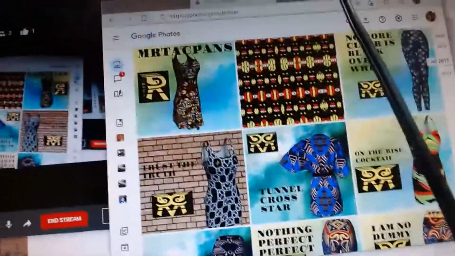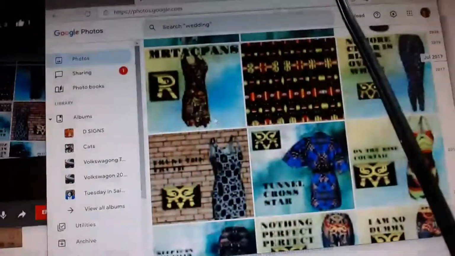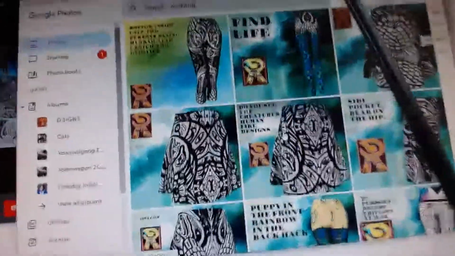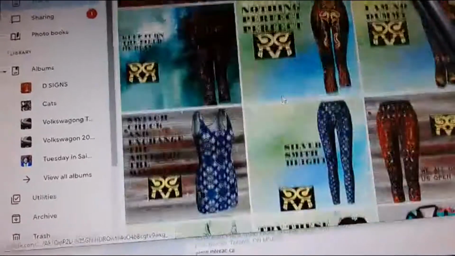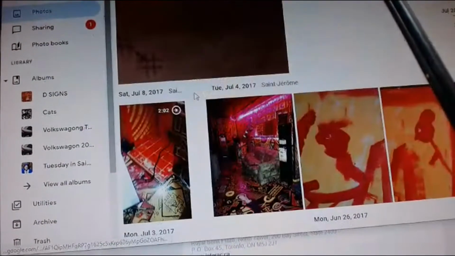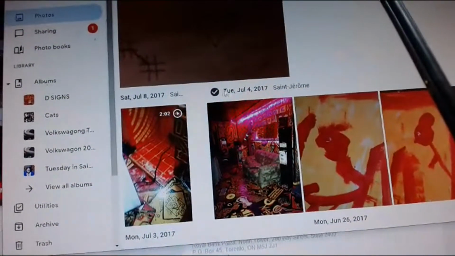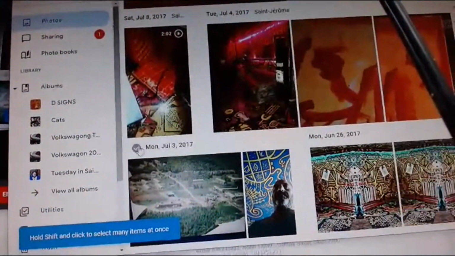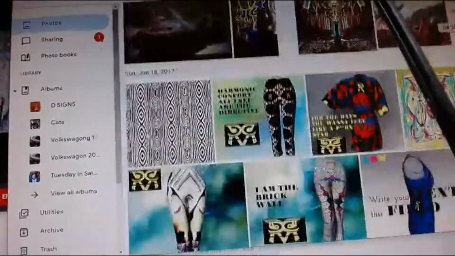Okay, here it is. Well, it's a whole bunch of designs. Wonder if I can, how do I get those? No, that's not what I want. Okay, let's see. I can get the Tuesday. No, I don't want Tuesday. Let's see.